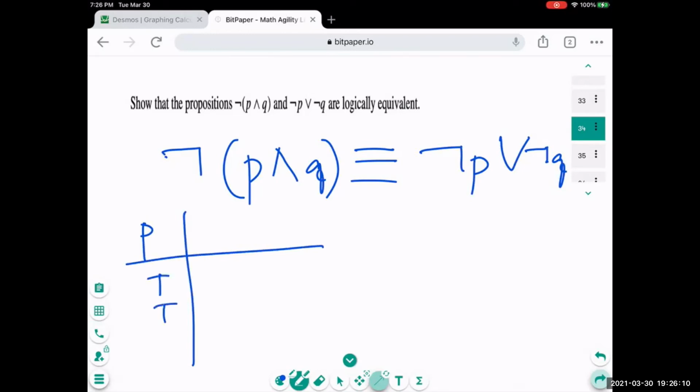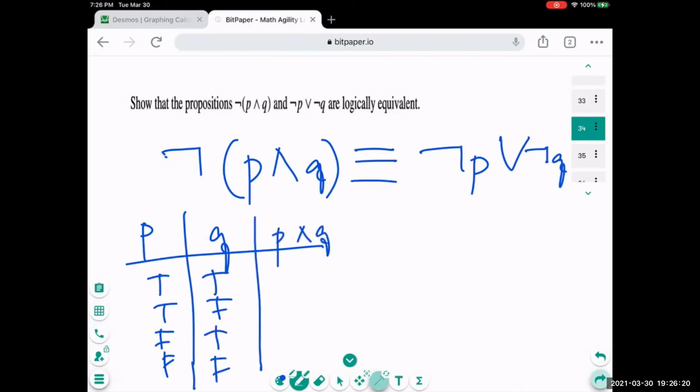True, true, false, false. Q is true, false, and then true, false. And then yung kanyang conjunction. So, again, this is true. The rest would be false kasi parang nagmumultiply tayo ng 0 sa 1. So, false na lahat. And then, kunin natin yung negation niya.